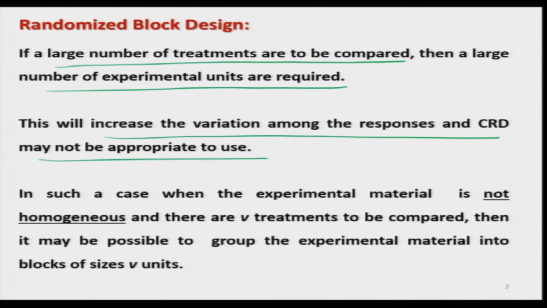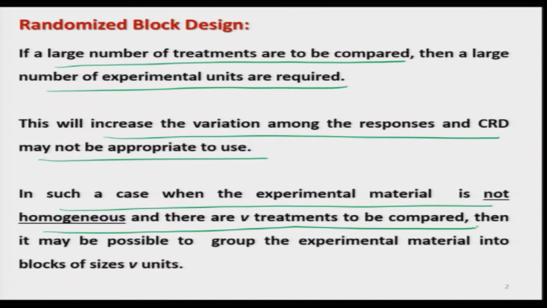So, in such a case, when the experimental material is not homogeneous and there are, suppose, V treatments to be compared, then it may be possible to group the experimental material into blocks of size V units. So, if you try to see here, we are simply trying to do something so that we can reduce the heterogeneity, right, and we can achieve the homogeneity to the best possible degree, and now we have to think how to implement it.